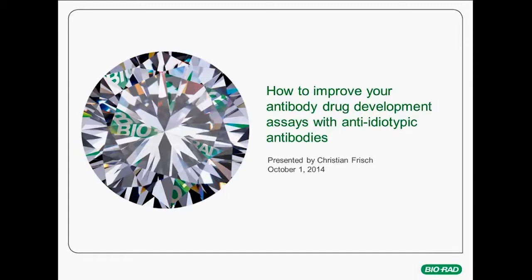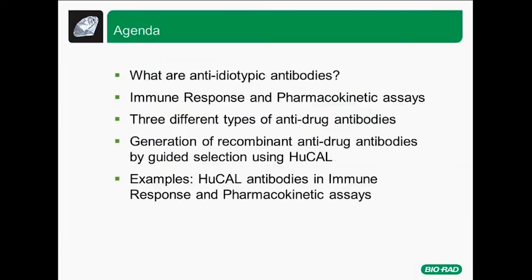Yeah, thanks, Amanda. I would like to show you today how you can improve your antibody drug development assays with anti-idiotypic antibodies, and I will explain how we at Bio-Rad ABD Serotec generate recombinant anti-idiotypic antibodies. I will start my presentation with a definition of anti-idiotypic antibodies, and then I'll describe the two major assays in which these antibodies are used: immune response or anti-drug antibody assays and pharmacokinetic assays.